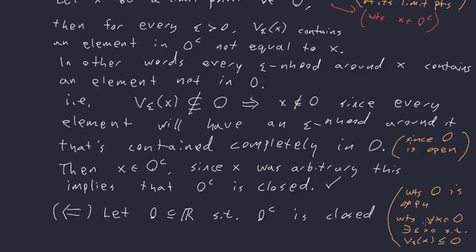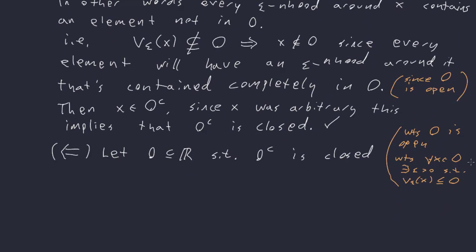We're going to pick an X in O and see if we can find an epsilon such that the epsilon neighborhood around that X is completely contained inside of O. All right, so there's my guidepost to help me along. So let's start with letting X be in O. Now, of course, if X is in O, this definitely implies that X is not in O complement.